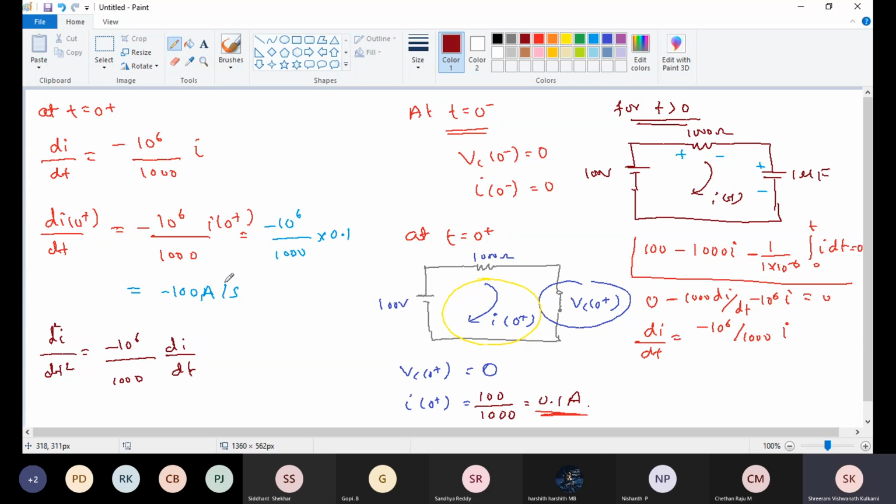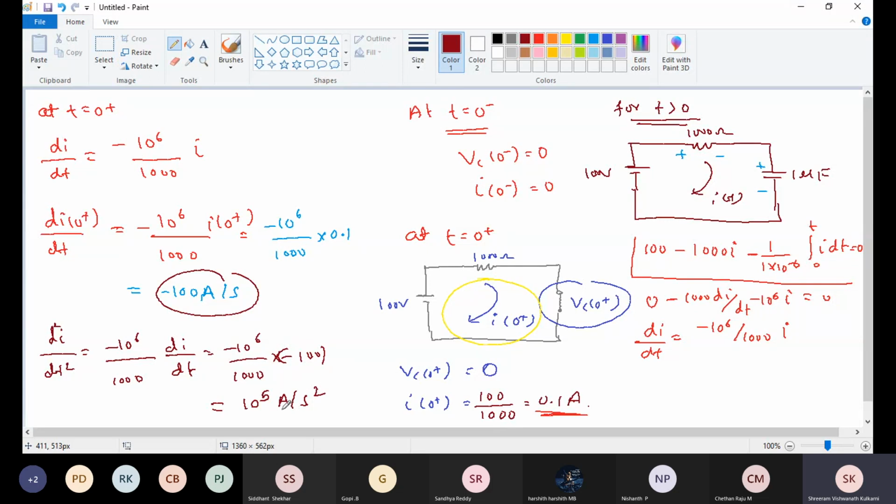We know the value of di by dt is minus 100, so minus minus cancels, 10 raised to 6 into 100 divided by 1000, so 10,000, not 10,000, 1 lakh, 10 raised to 5 ampere per second square.